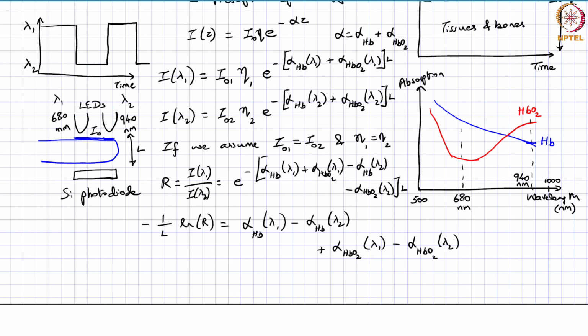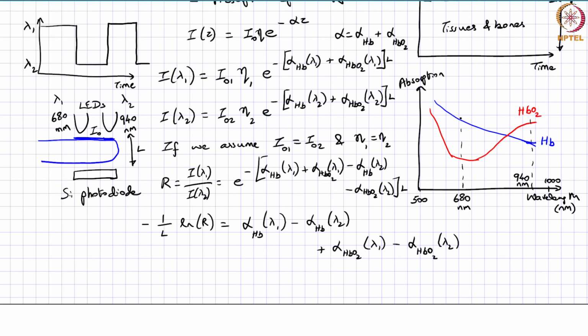So if it is 0% oxygen saturation, what would these values look like? Well, that would correspond to this case, right.